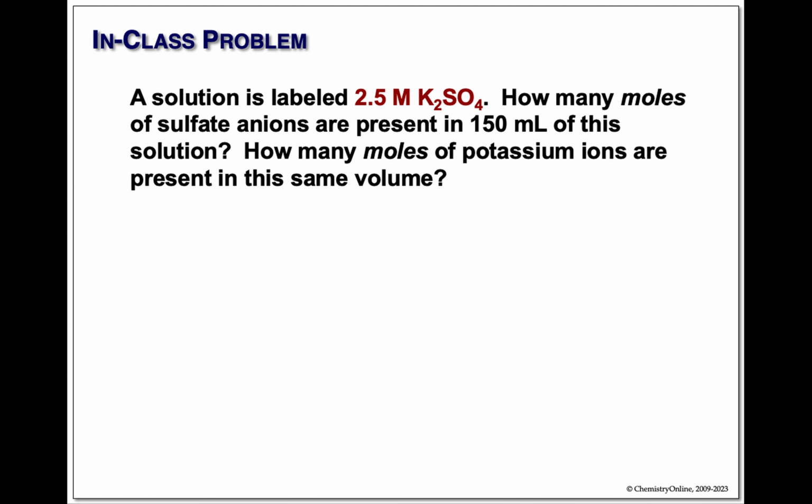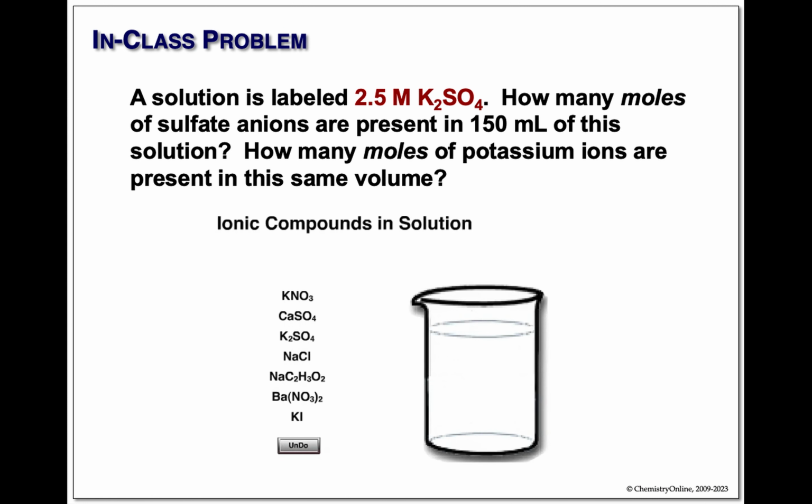So what's really happening here? We're going to take our potassium sulfate, going to put it in our beaker of water. The second we do, it will dissolve. And what are we left with? We're left with sulfate, 1 sulfate per mole, and 2 potassiums per mole.